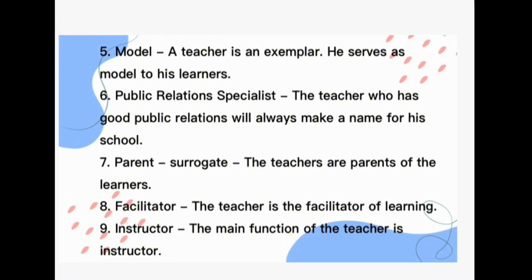The teacher is the facilitator of learning. The teacher prepares guidelines which will serve as the focus of discussion and activities. Last, number 9, instructor. The main function of the teacher is instruction. To effectively carry out the aspect of teaching, the pre-service education of the teachers must be more than adequate to prepare them for a job involving varied responsibilities.